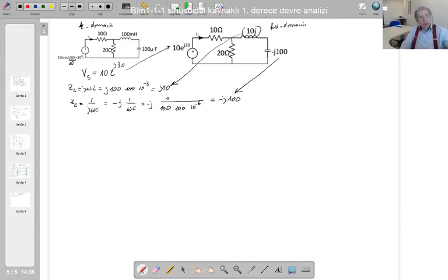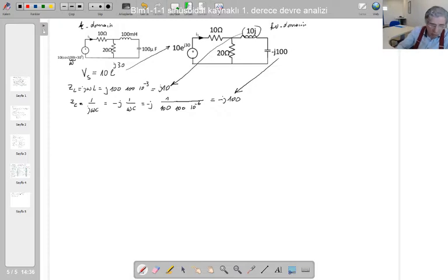So when you transfer the impedances and the independent sources, we end up with a new circuit. This is the circuit corresponding to this time domain circuit. This circuit is the omega domain circuit. From now on, if we are using the classical method, we are going to write equations for the unknowns.